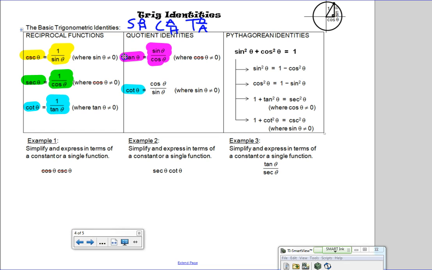Since tangent is O over A, and O goes with sine and A goes with cosine, then it should make sense that tangent is sine, for O, over cosine, which is A. That's your TOA, SOHCAHTOA. And then cotangent, the one I said I'd go back to, is basically that one flipped. So it's A over O, which is why it's cosine over sine.